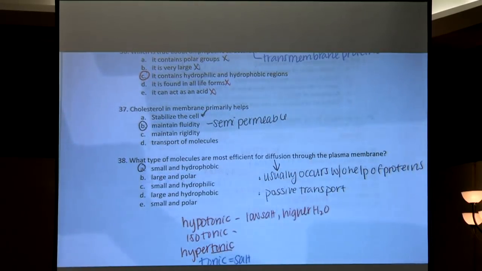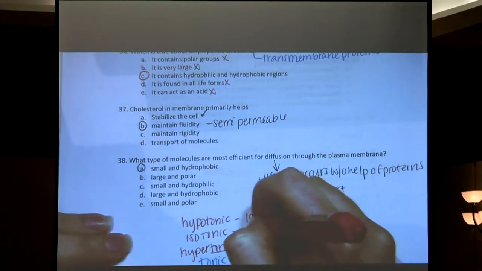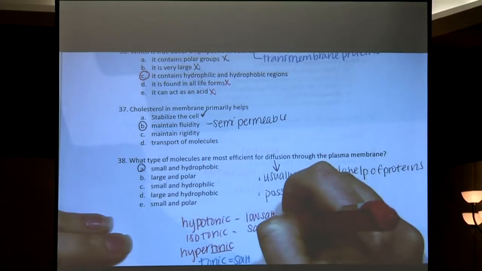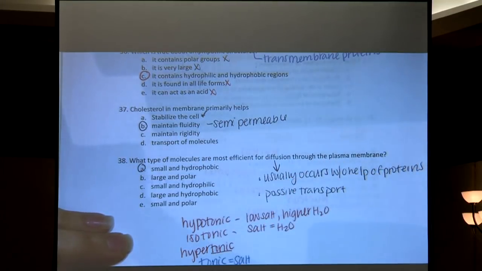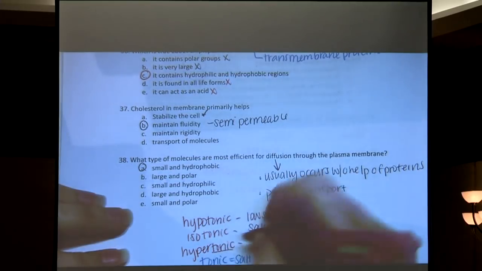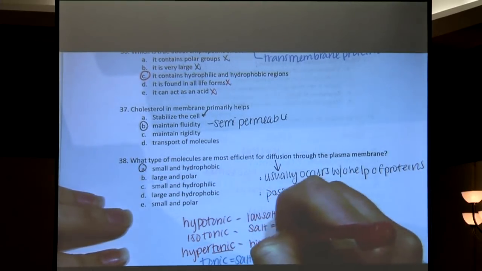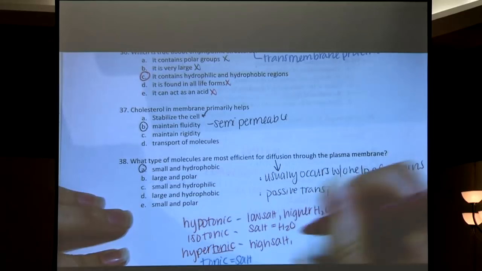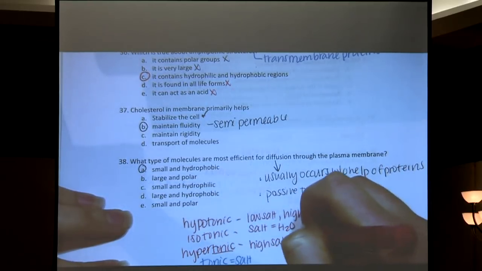How about isotonic? Good, so isotonic was salt being equal to water. And our hypertonic is the opposite of the hypotonic. So here we'd have high salts and a lower water concentration.